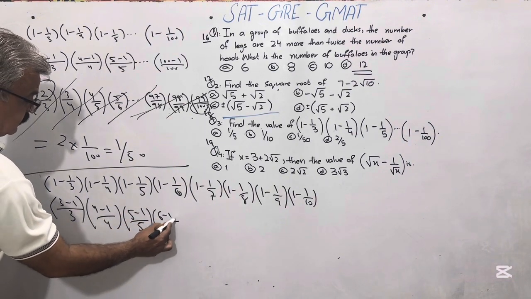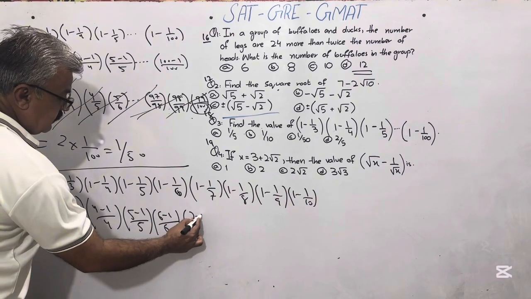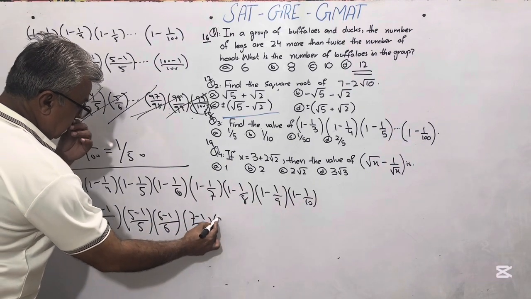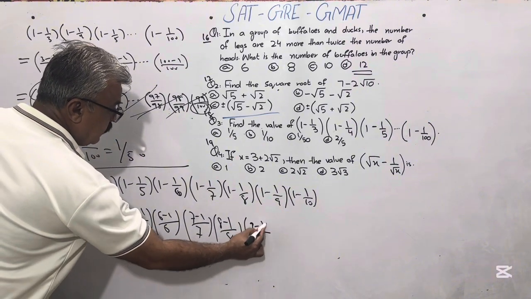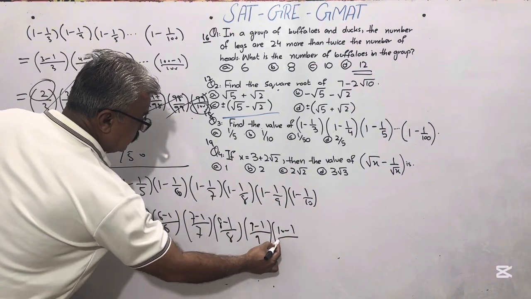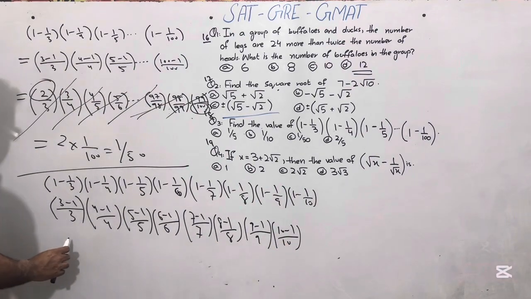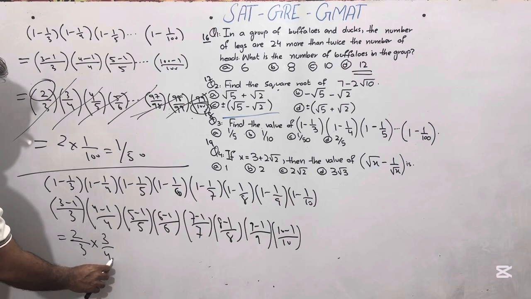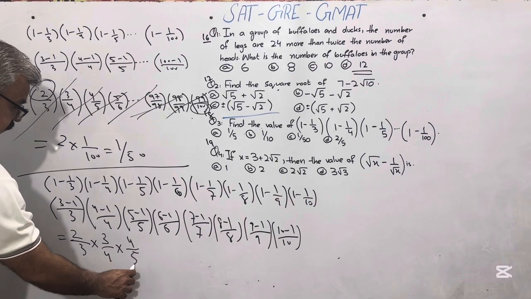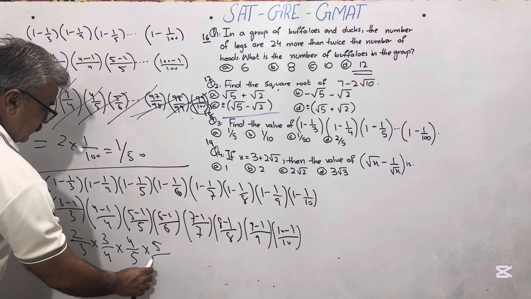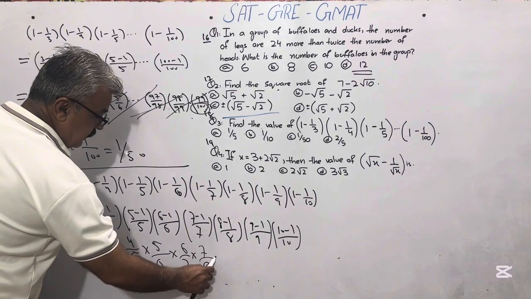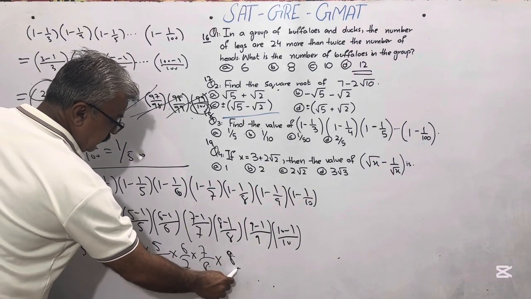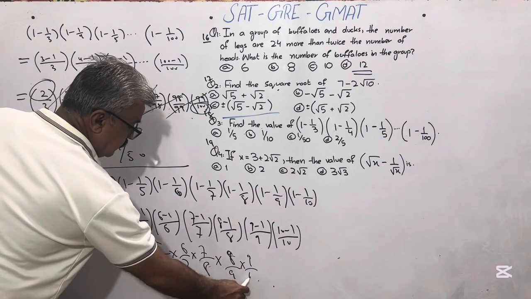6 minus 1 over 6, 7 minus 1 over 7, 8 minus 1 over 8, 9 minus 1 over 9, and here 10 minus 1 over 10. Simplify the situation. It's 2 over 3, 3 over 4 times 4 over 5 times 5 over 6, 6 over 7, 7 over 8, 8 over 9, 9 over 10.